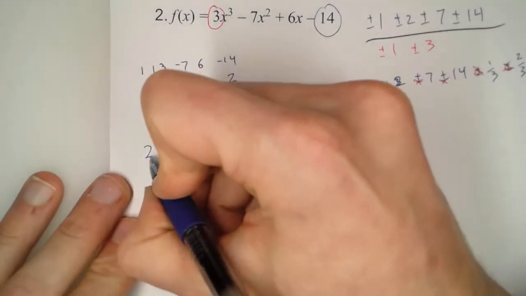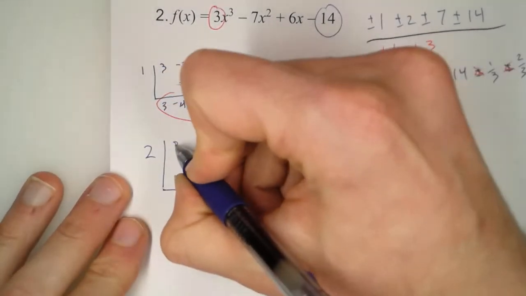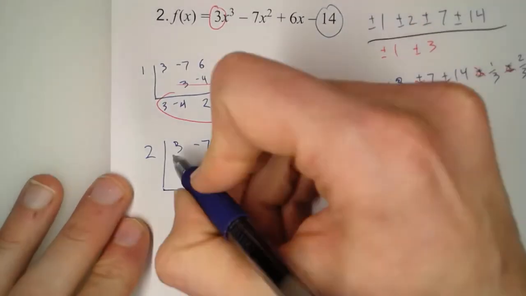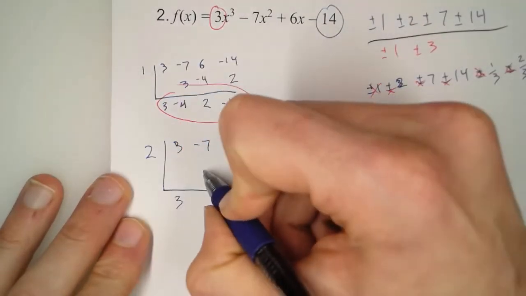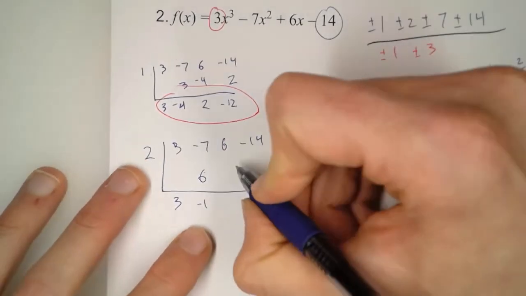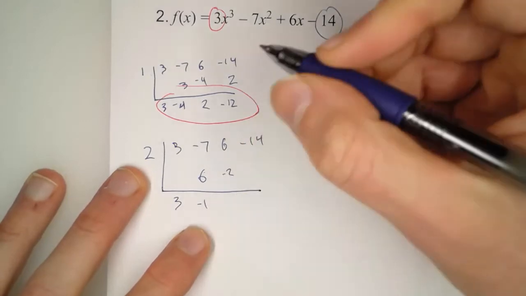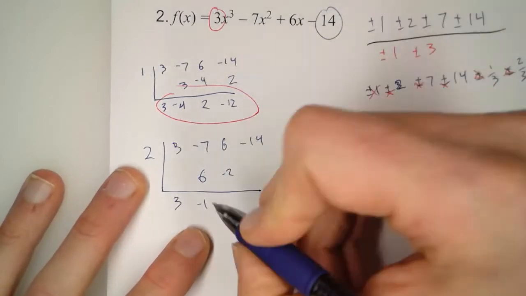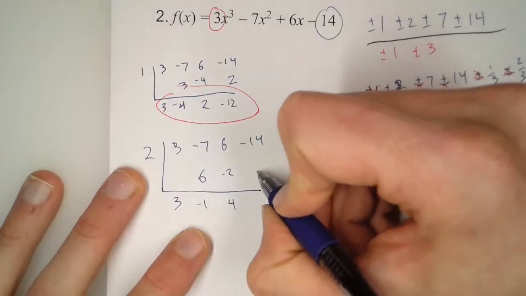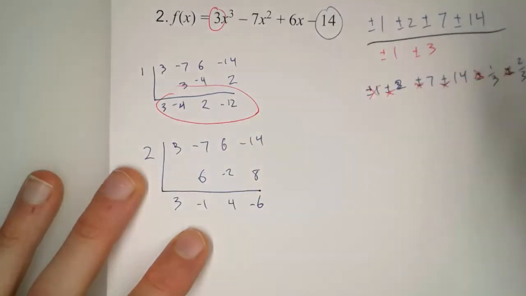So let's try 2. So 3, -7, 6, -14. Bring down the 3, times 2 is 6. -7 plus 6 is -1. 2 times -1 is -2. 6 and -2 make 4. 4 times 2 is 8, and -14 plus 8 is -6.